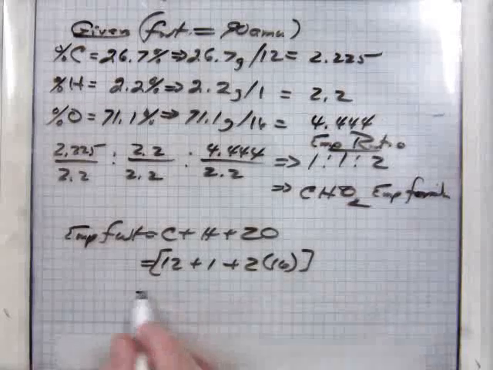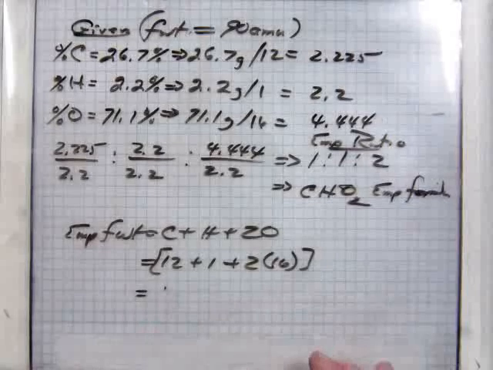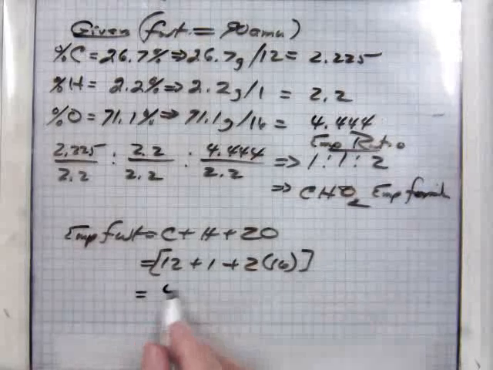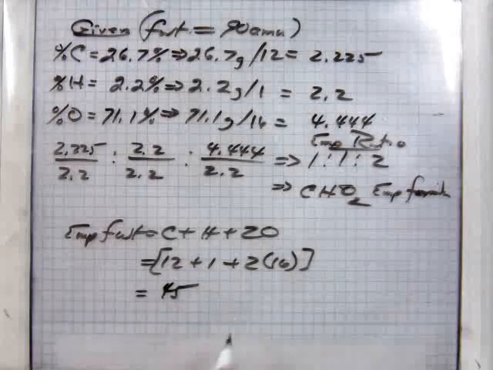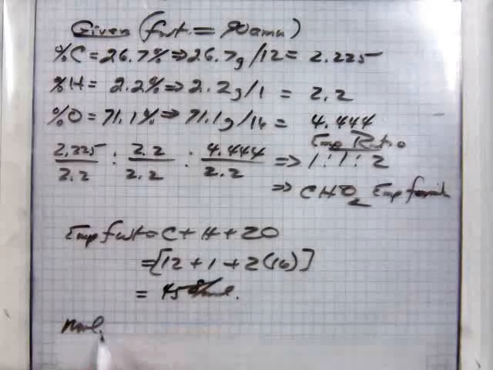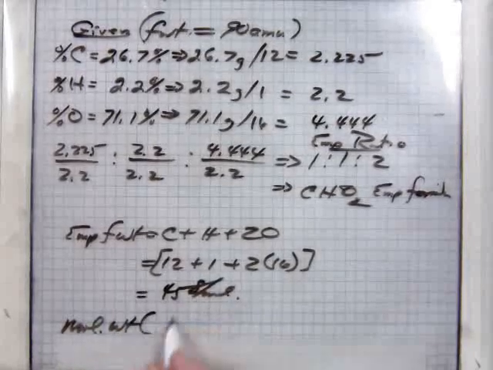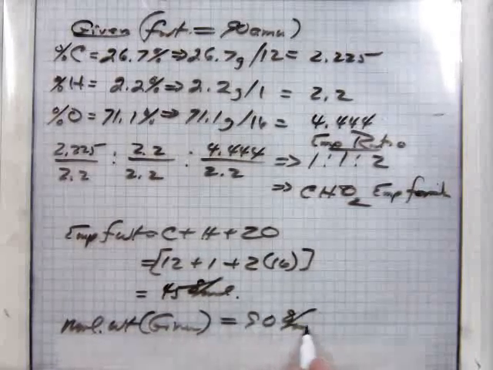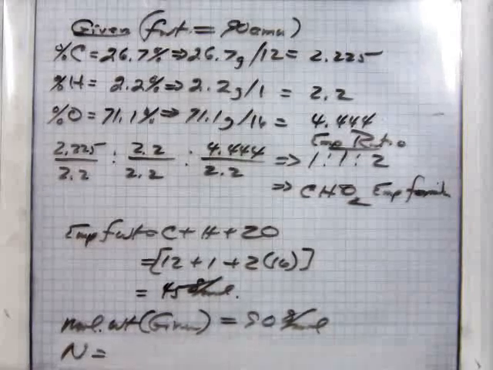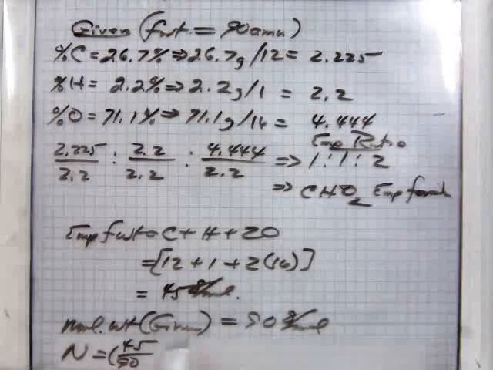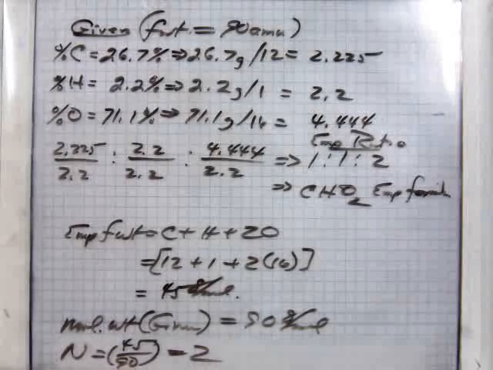And so that's 12, 13, 45. 45 atomic mass units or grams per mole, if you want to do that. The mole weight of the compound was given to equal 90 grams per mole. So your whole number multiple is 90 over 45. Well, grams per mole will cancel out, and that gives you 2.